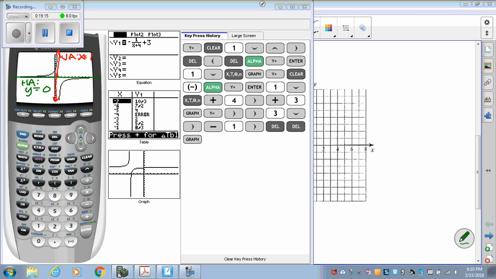And then it is reflected, because my negatives are now positive and my positives are now negative. So that was a reflection across the x-axis.